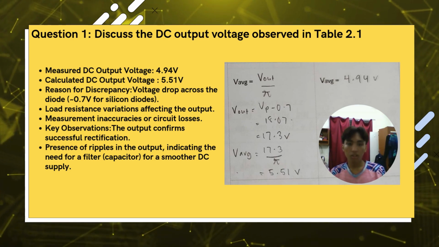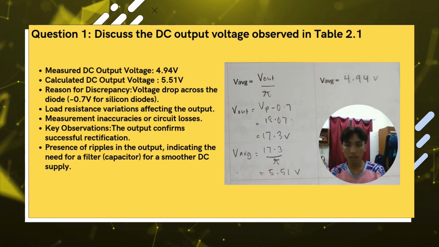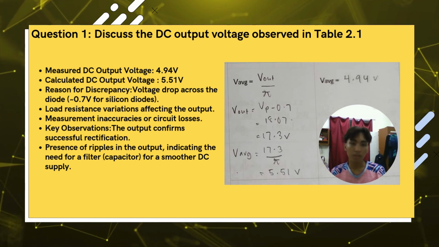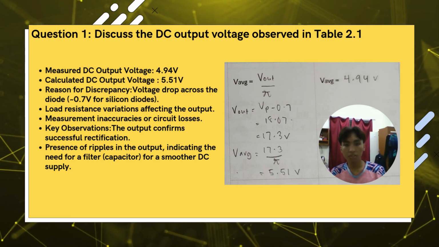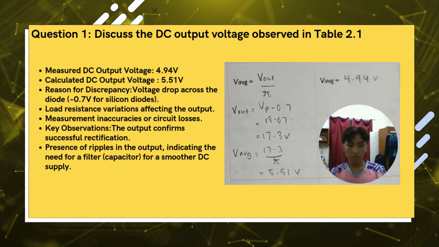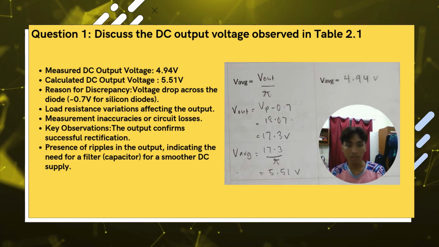The key observation is that our output confirms a successful rectification, because the difference between the measured value and the calculated value is really small, which means it's a success.